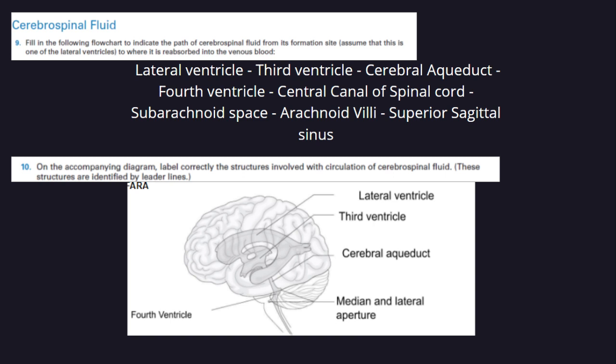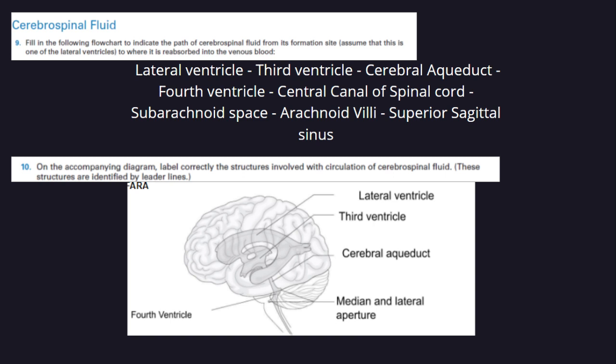Lateral ventricle, to the third ventricle, to the cerebral aqueduct, to the fourth ventricle, to the central canal of the spinal cord, to the subarachnoid space surrounding the brain and cord and central canal of the cord, to the arachnoid villi, to the superior sagittal sinus containing venous blood.